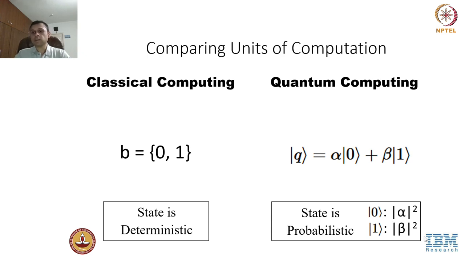The probability of the qubit being in state 0 is mod alpha squared, and of being in state 1 is mod beta squared. Again, we will come to these concepts in detail, but suffice to say for now, in classical computing, once you know the state of a bit, it's set, whereas in quantum computing, a qubit can hold an arbitrary value, but what you perceive of a qubit is a 0 or 1 with a given probability.